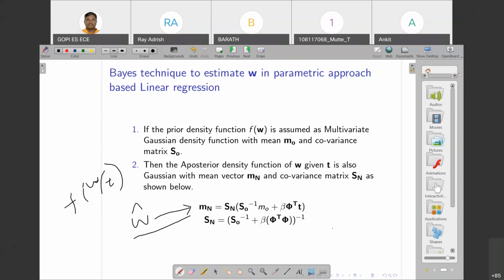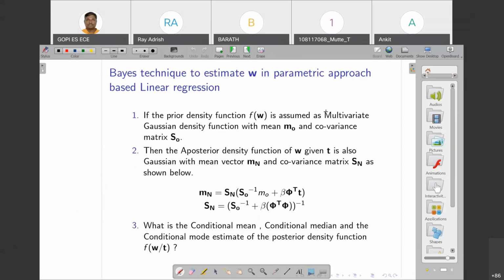And in fact, we had a specific case when we choose M0 as 0 and S0 as the identity matrix with the diagonal elements as 1 by alpha.